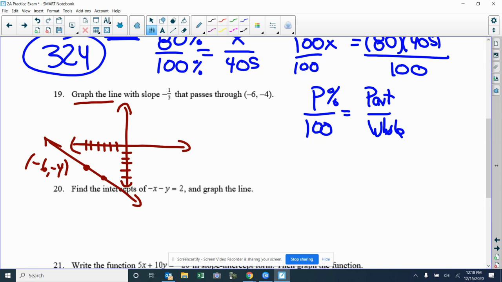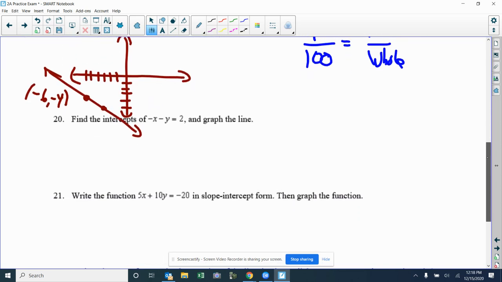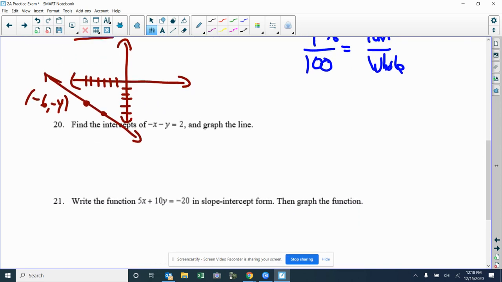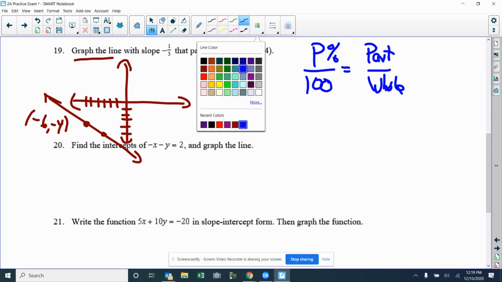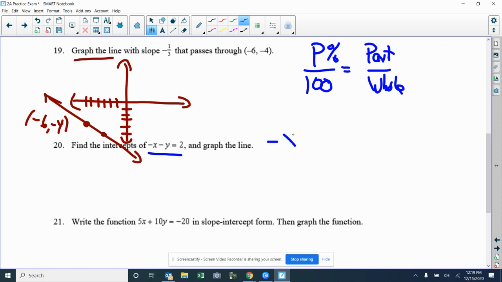All right, find the intercepts, then graph the line. Let's find those intercepts. So we have -x minus y equals 2. Let's plug in 0 for x. If we put 0 in for x, what are we going to have? -y equals 2.